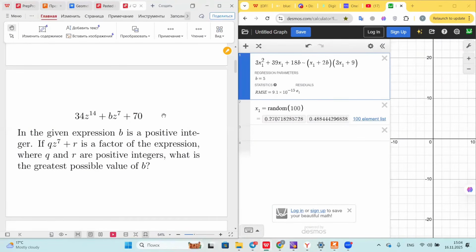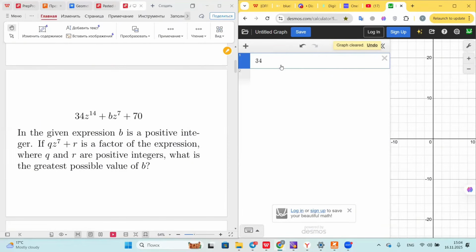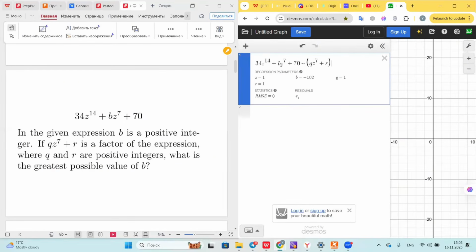This kind of question is considered one of the hardest questions. One of the factors given, 37z to the power of 14 plus bz to the power of 7 plus 7t is equal to qz to the power of 7 plus r, where q and r are positive integers, guys.